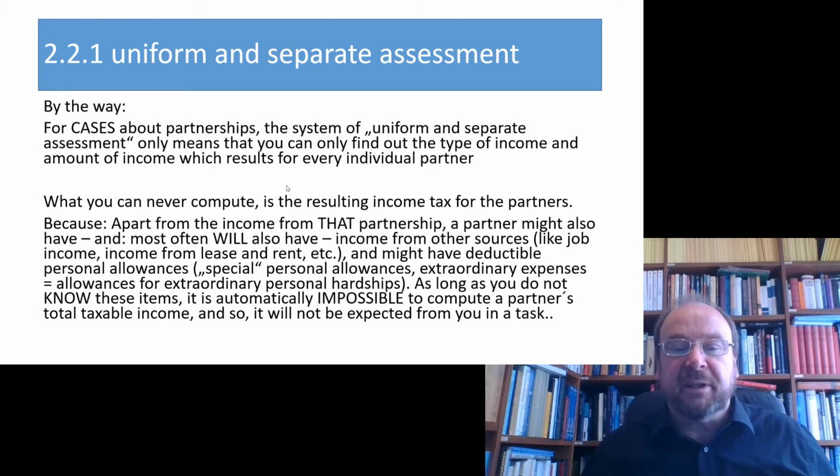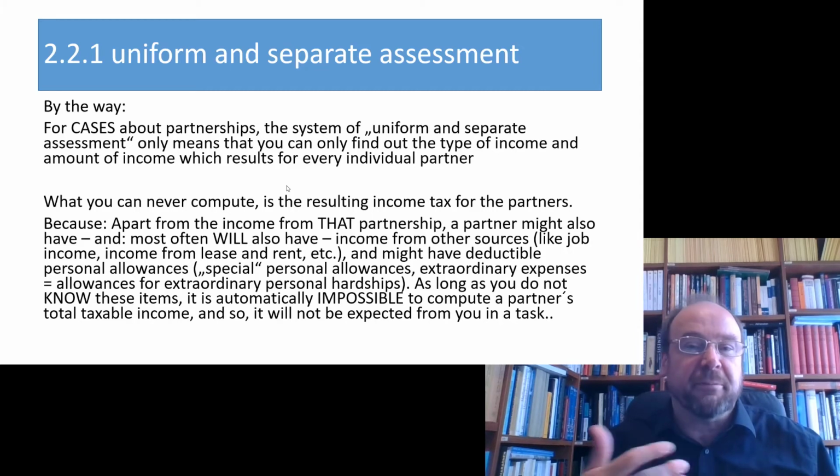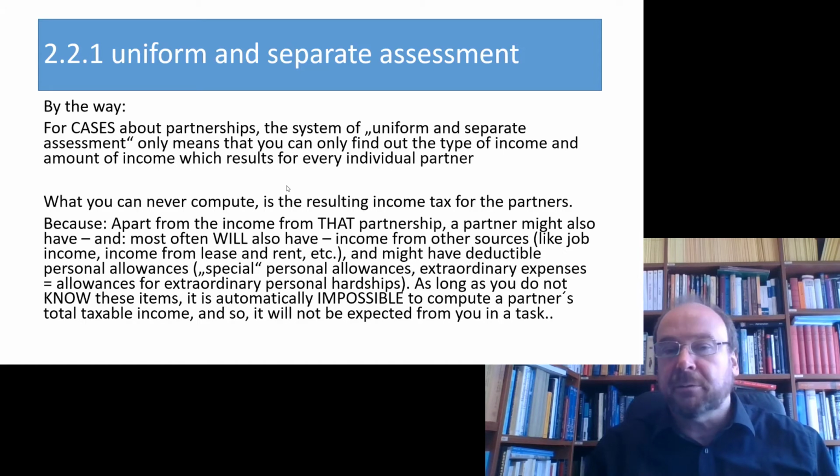And so naturally the individual partner, let's say partner A, will probably also have income from other sources apart from that partnership share. So A might have job income, or income from lease and rent from houses. A will also nearly certainly have special expenses, so personal allowances, which you can deduct from the overall income, or might even have extraordinary expenses, that is, allowances for extraordinary personal hardships.